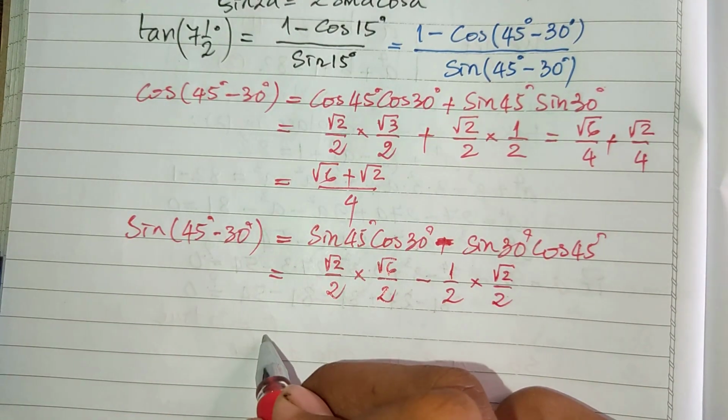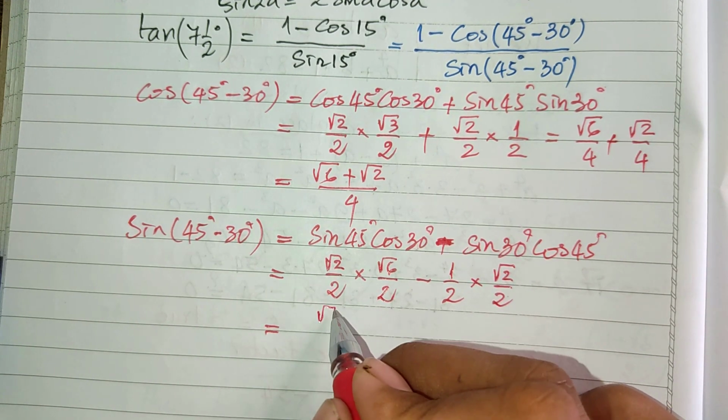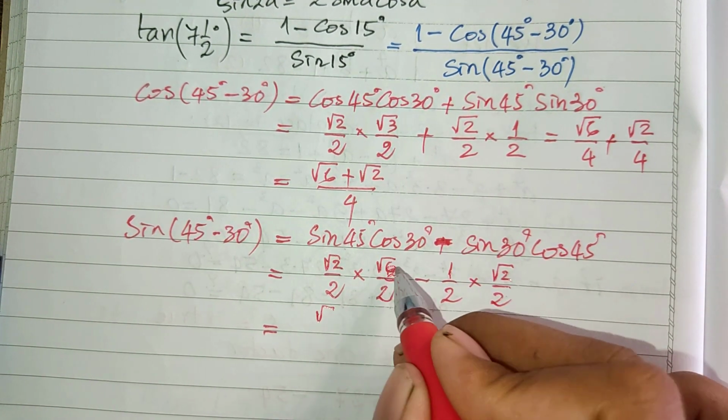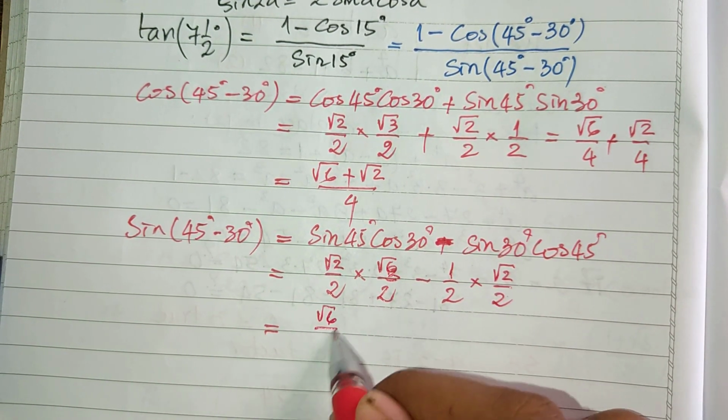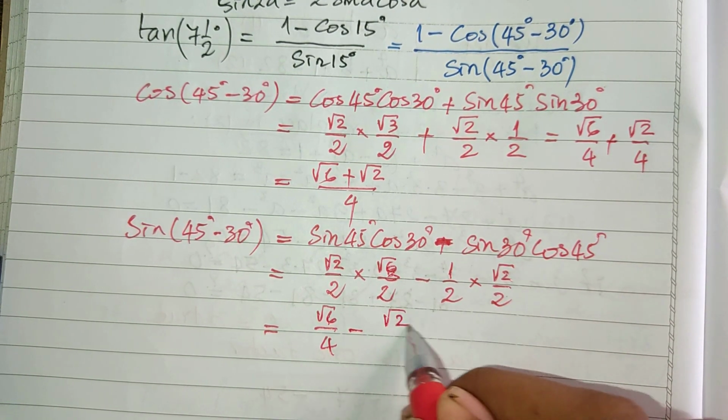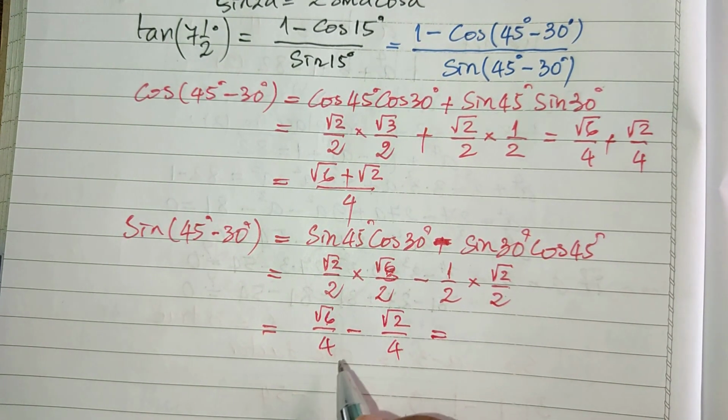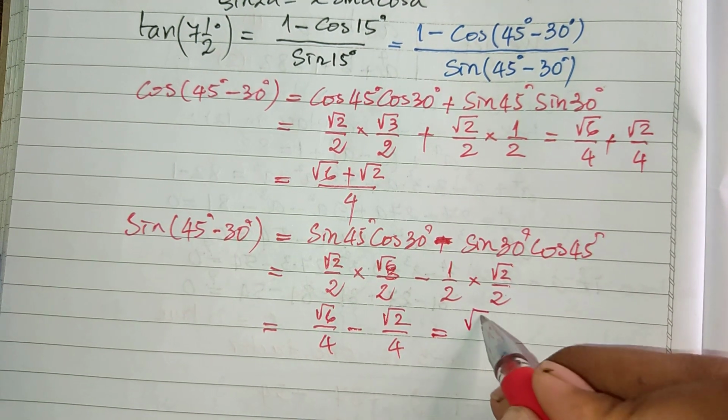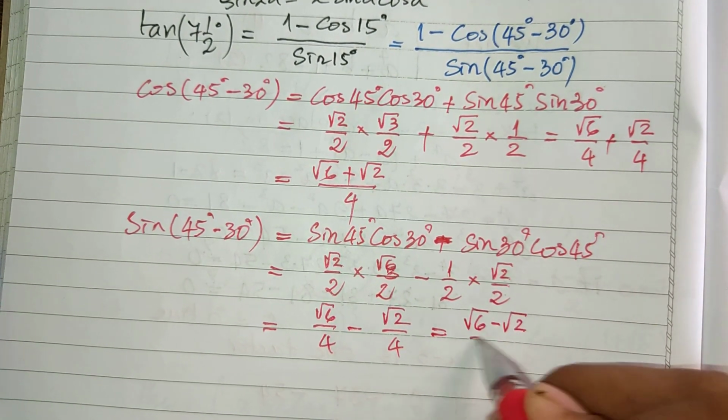So we get square root 6 over 4 minus square root 2 over 4, which is equal to square root 6 minus square root 2 over 4.